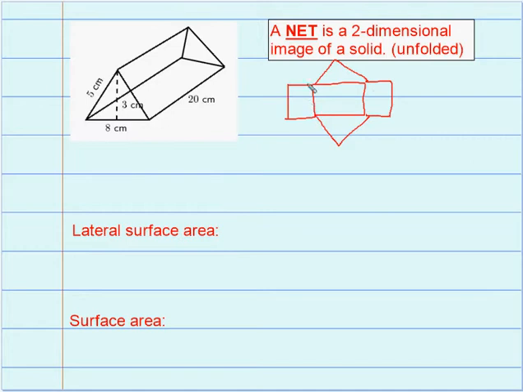Either way, you might want to label, this might be 20, and this long piece here would be 8, because that's here, and this would be 5, and this is 5 as well.